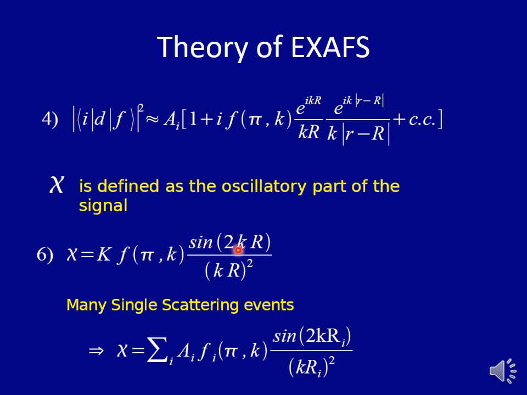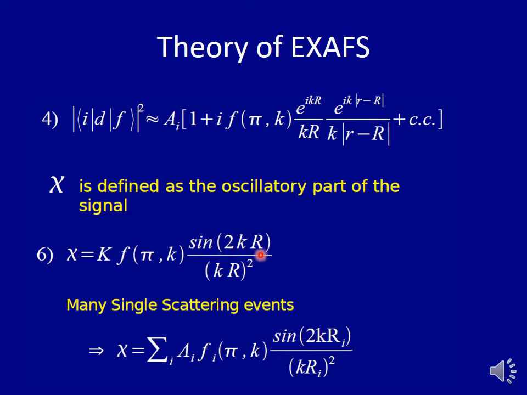You have a sine of 2kr, and it has an amplitude with it, and here we have f, which is the backscattering amplitude. So this is sort of like a single scattering XANES theory here.